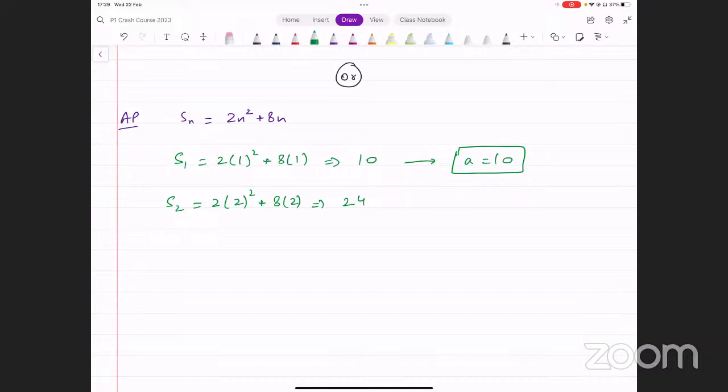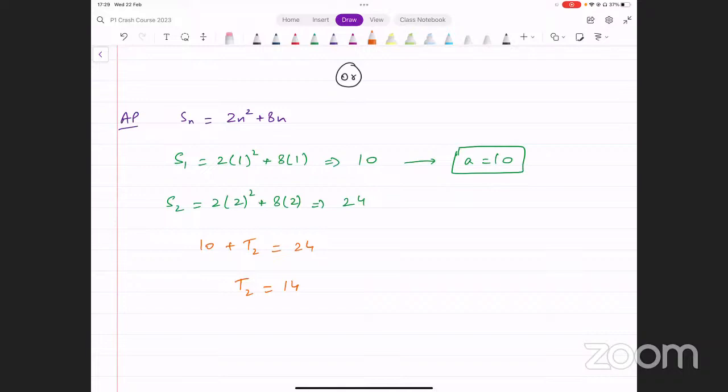Now, what that means is, if the first term was 10, and we don't know what the second term is, their sum should equal 24, right? So 10 plus the value of the second term should equal 24. And that gives us that the second term should be equal to 14.